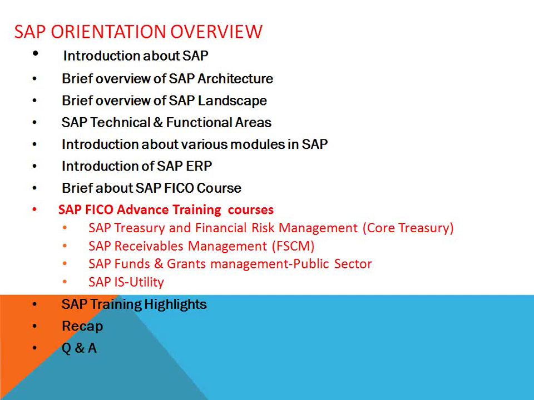There are SAP FICO advanced training courses based on your existing learning, or after SAP FICO you can also learn SAP Treasury and Financial Risk Management, Core Treasury, SAP Receivables Management, basically FSCM, SAP Funds and Grants Management, Public Sector, SAP IS Utility, SAP training highlights, recap, and question and answers. So this orientation will cover these points.